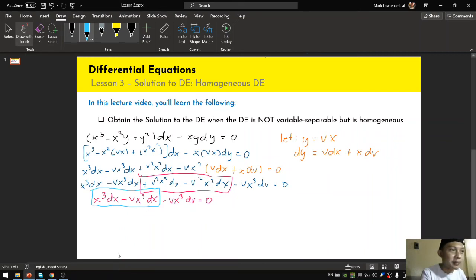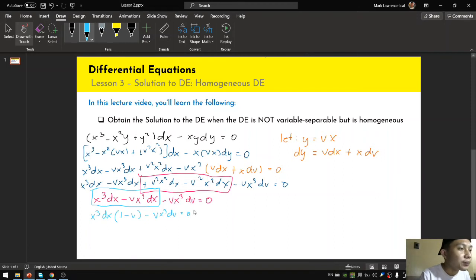So, labas natin. So, x cubed dx multiplied by 1 minus v minus v x cubed dv equals 0. Okay, so can we separate it now? Yes.